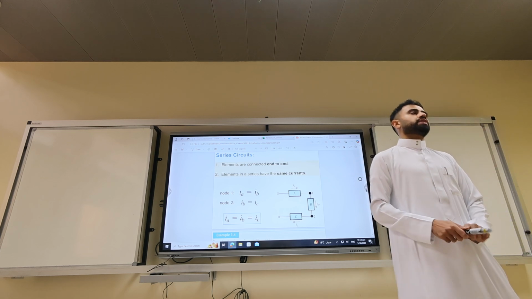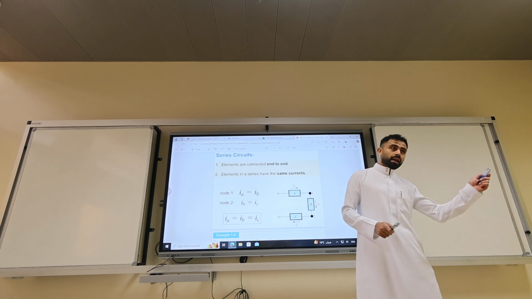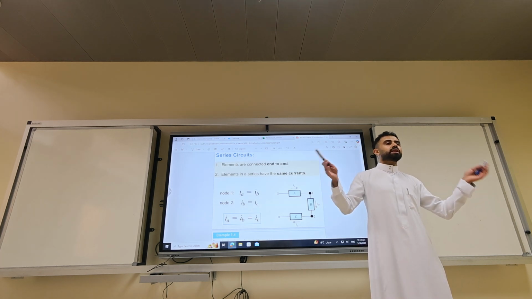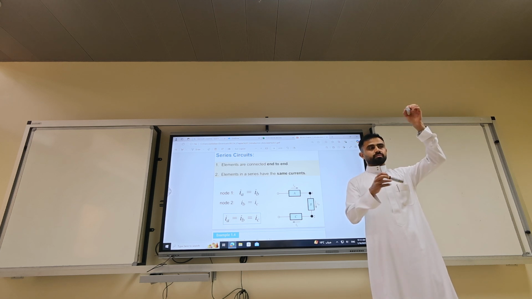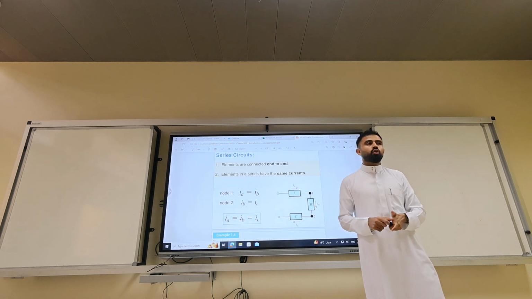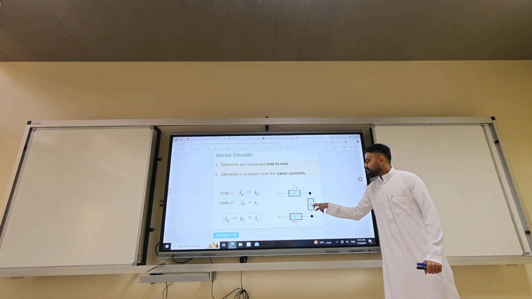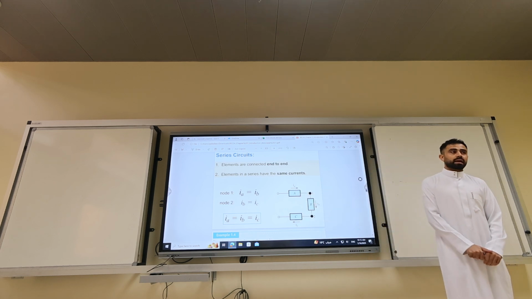No third element is sharing it with them. Parallel, 2, 3, 4, infinity elements, they share two nodes. And they are side by side, parallel, okay? So we can say A, B, and C, they are parallel.